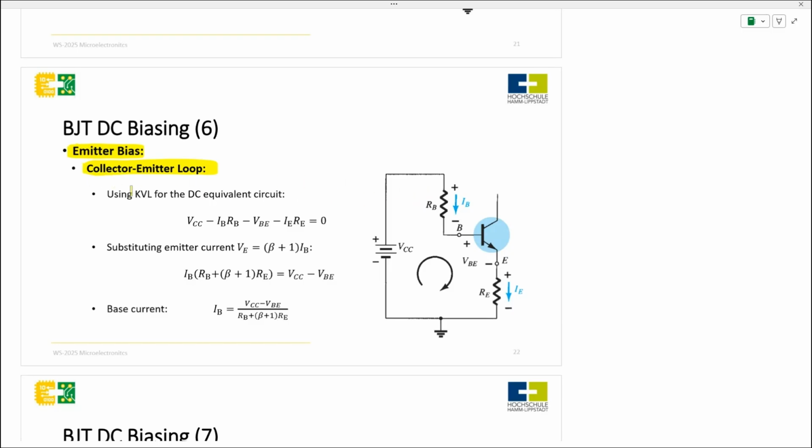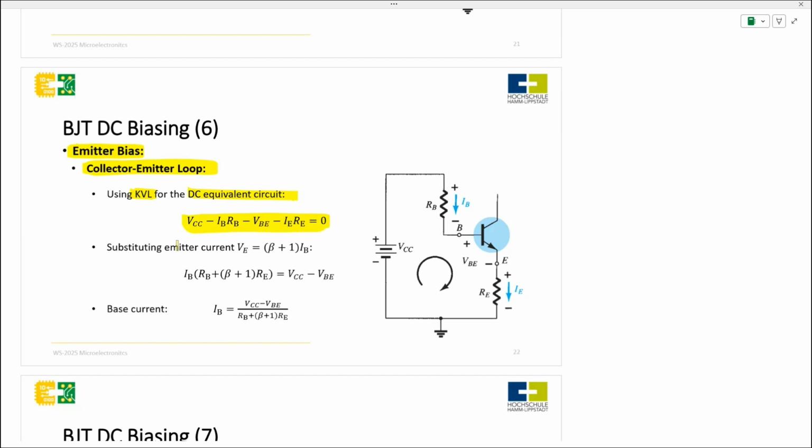we're going to use KVL analysis for the DC equivalent, and we will have our VCC minus RB IB minus VBE and minus RE IE.